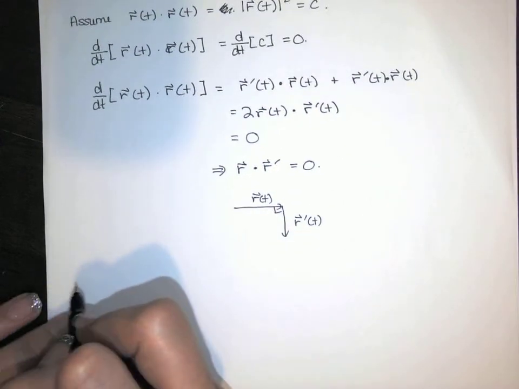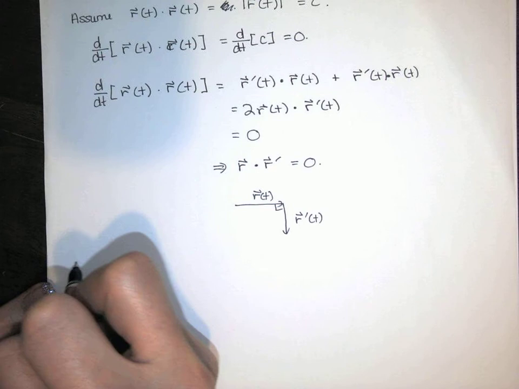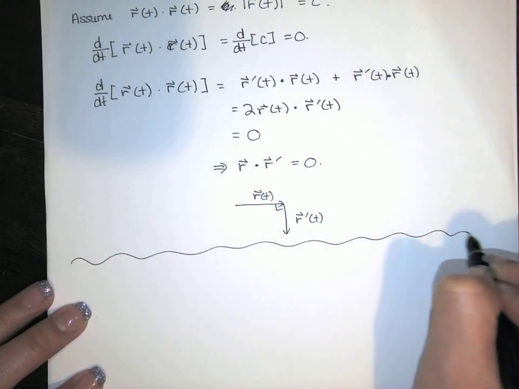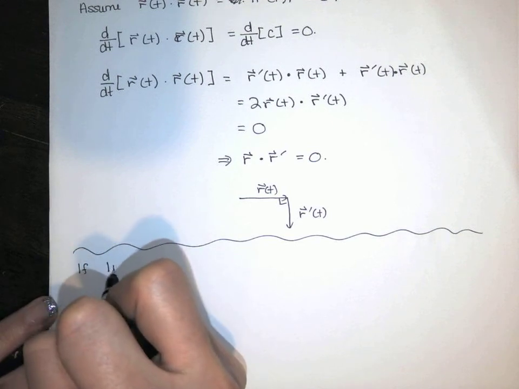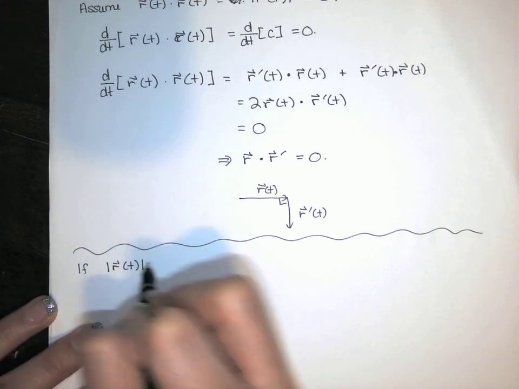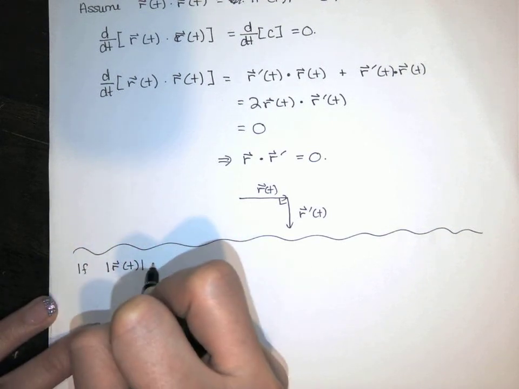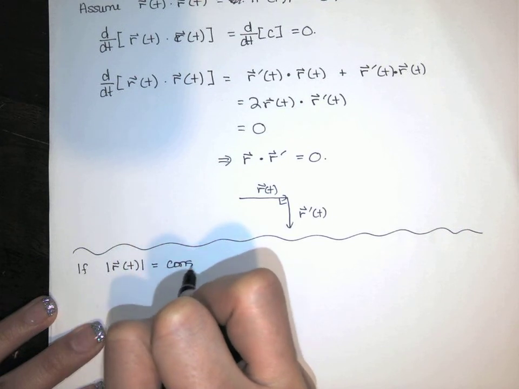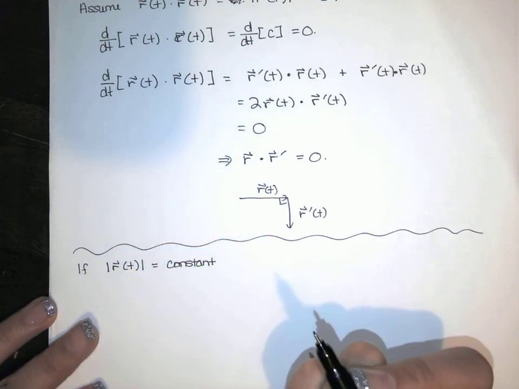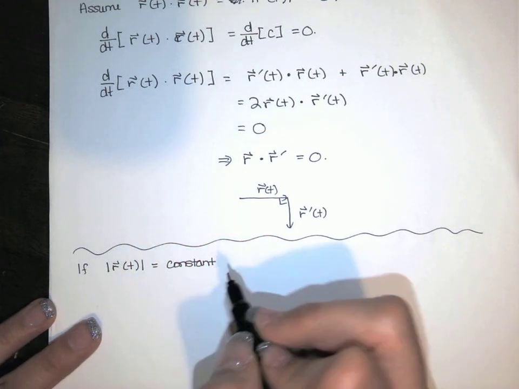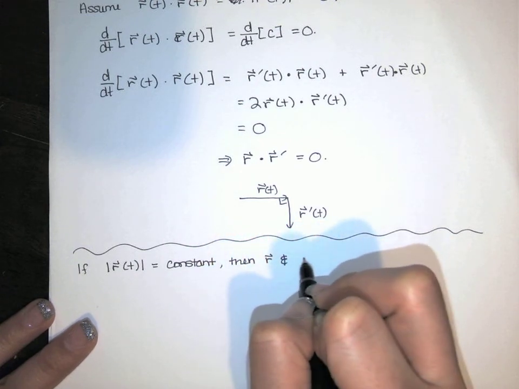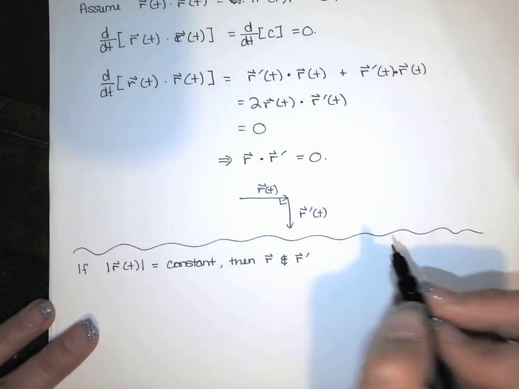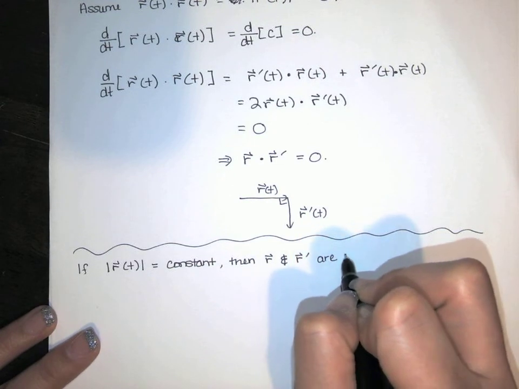So let me put that in words. We've proven this thing, which just doesn't seem very important, but it's actually pretty important. It's insightful. If the magnitude of r is a constant, so that it's not changing, then r and its derivative are orthogonal to each other.